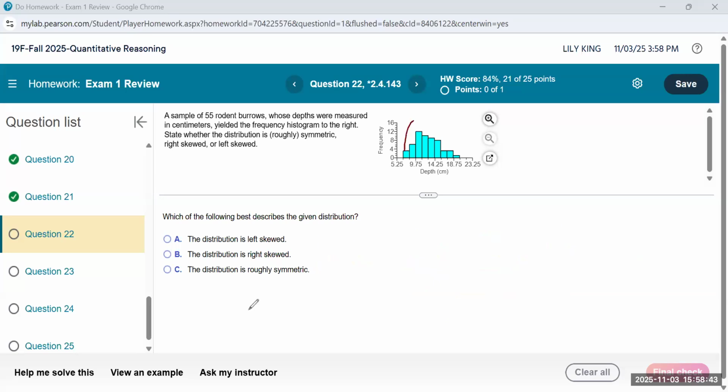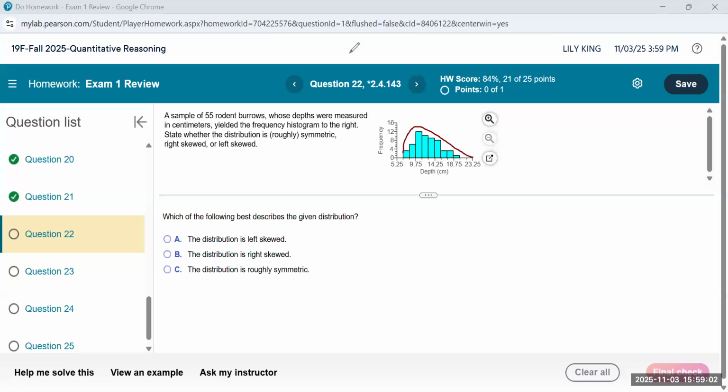But to figure out which one to go with, if you draw a bell-shaped curve around this, we are looking at where the long tail points to, or where the graph is being indented.